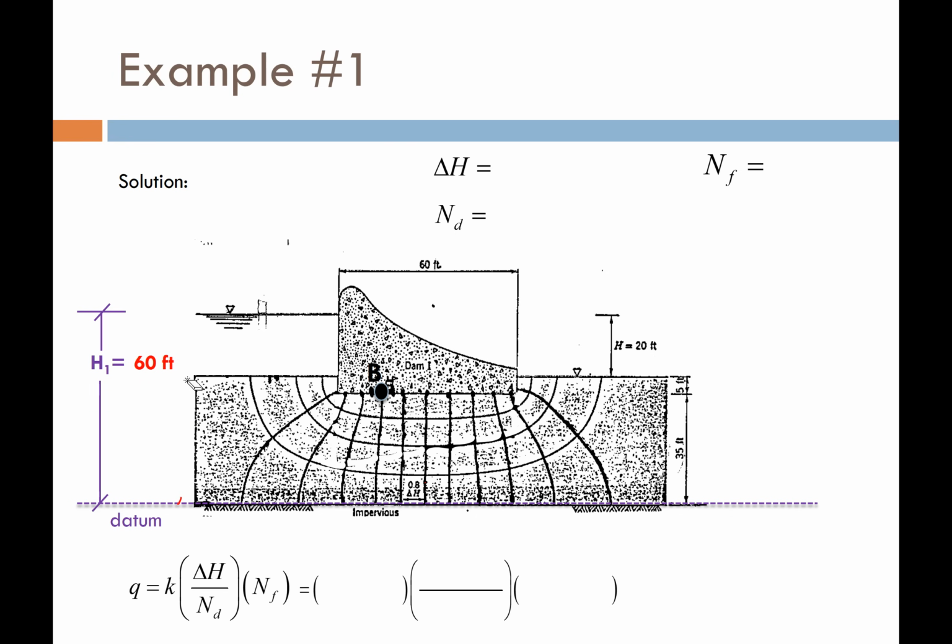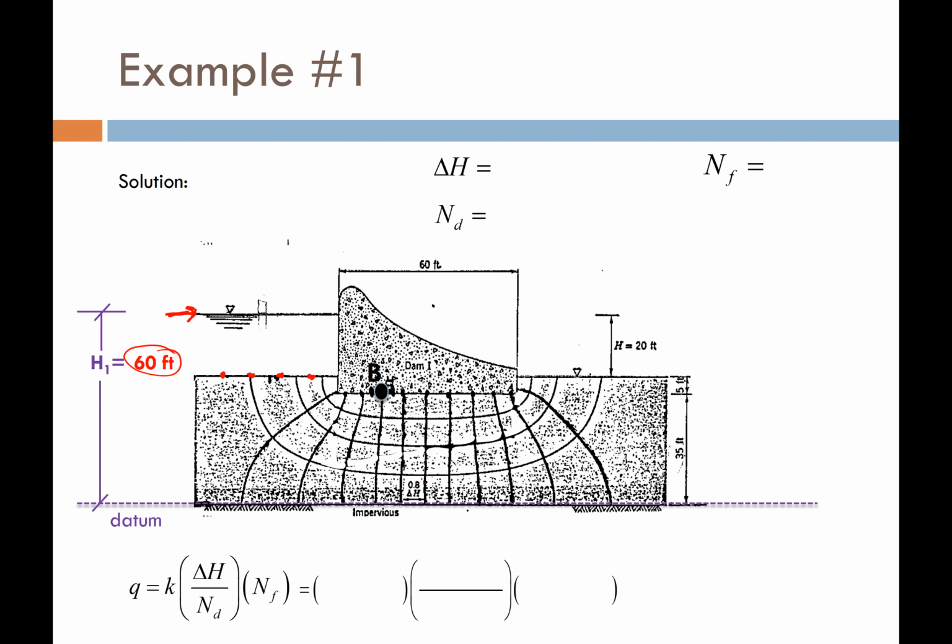So that means that from my datum, the total head for any one of these points upstream from my dam is going to be 60 feet, meaning if I put a piezometer down to any one of those points, the water will rise up to this elevation right there, which is 60 feet above my datum.